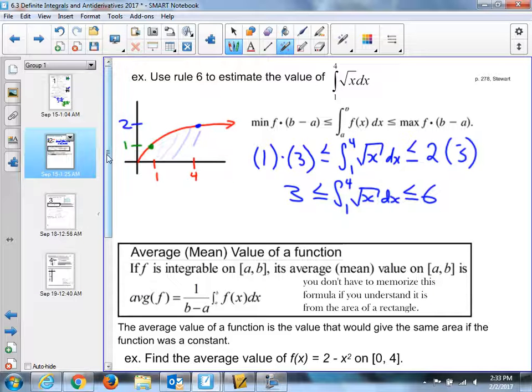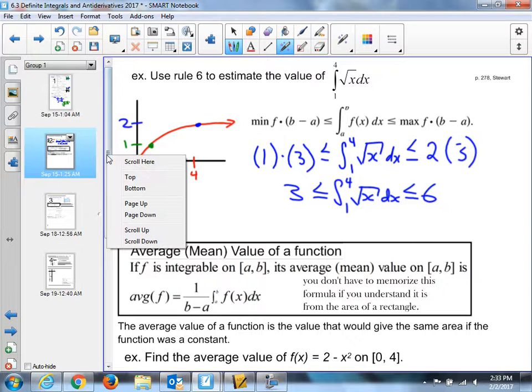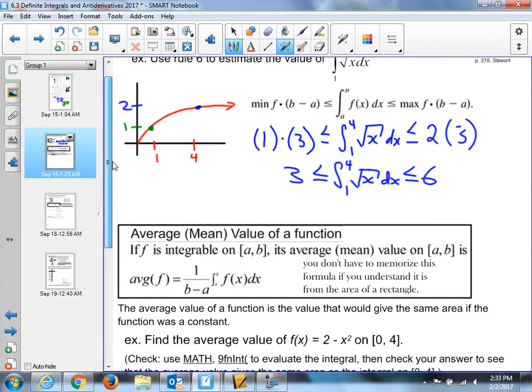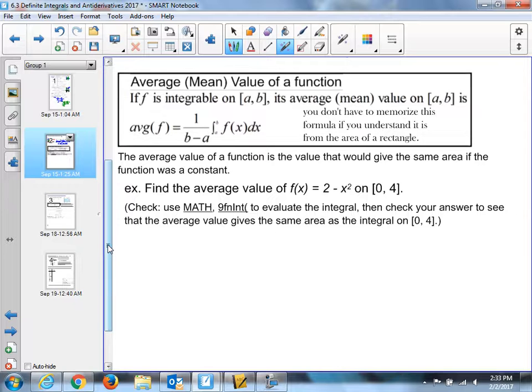But it leads into something called the average or mean value of a function. Now, you will be specifically asked on AP quizzes and stuff like this to find the average or the mean value of a function. Mean value. If the function is integrable, meaning you can take the integral of it, it's continuous.